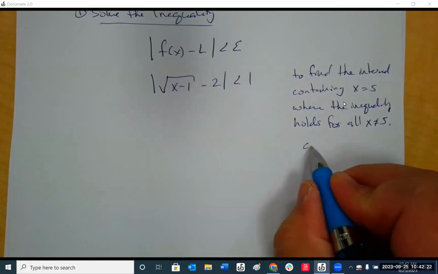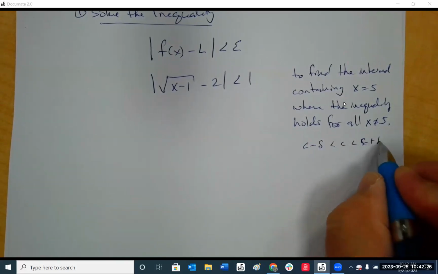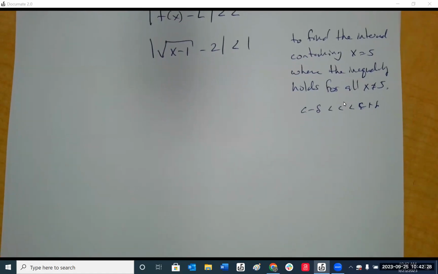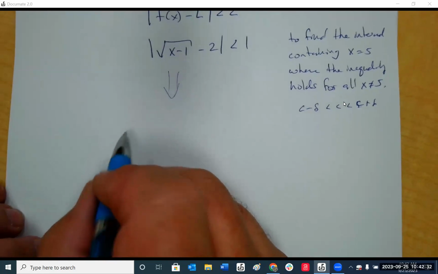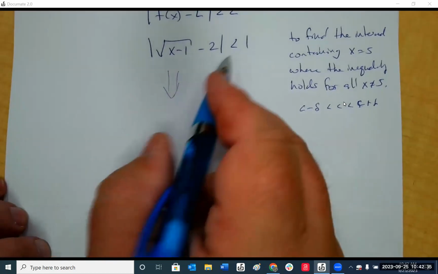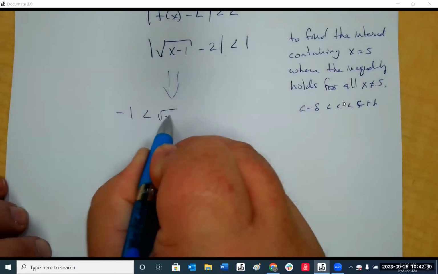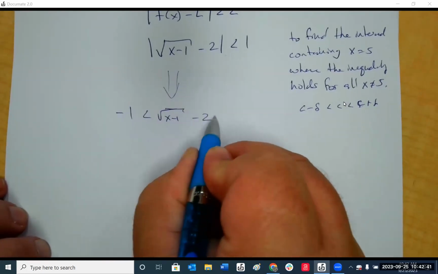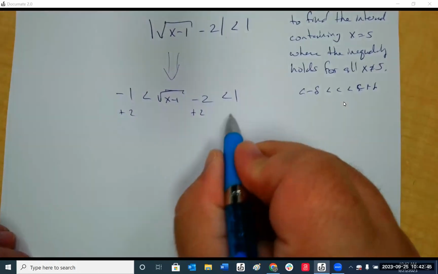So we're looking for the interval (c - delta, c + delta). We'll get rid of the absolute values first. Add 2.